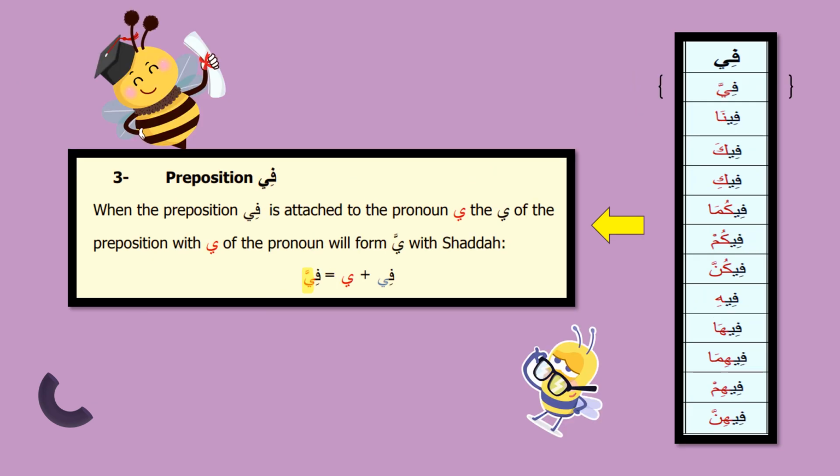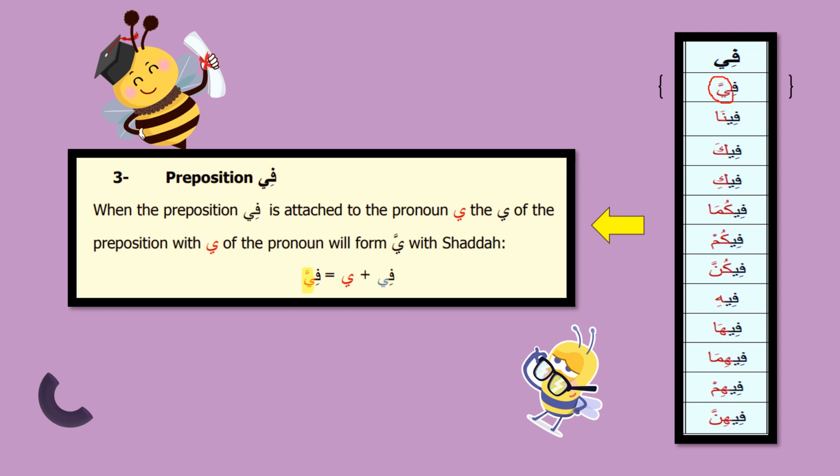Now we attach the pronouns with the fi. Now as you can see, there is a fi when it attaches with the ya mutakallim. So here it has the same rule as you studied in min and an, with the ala and ila. And here fi is with the ya.